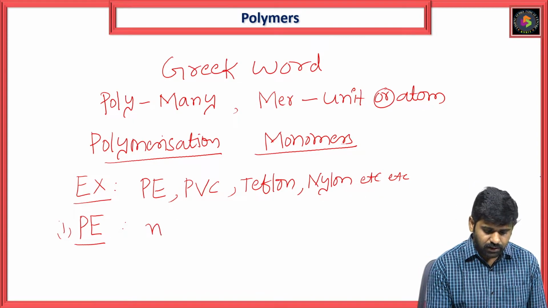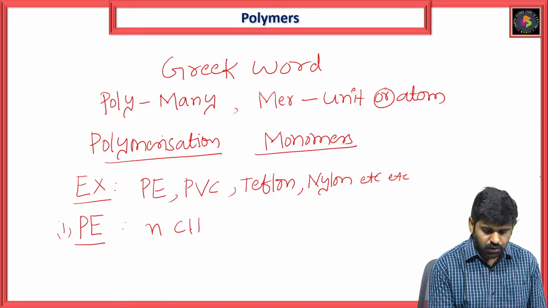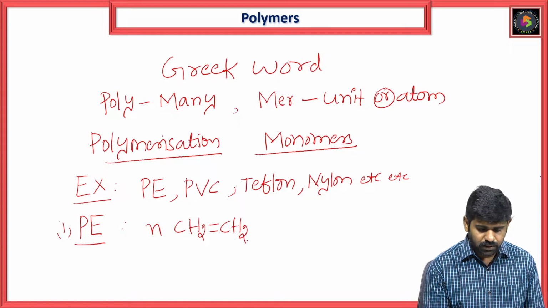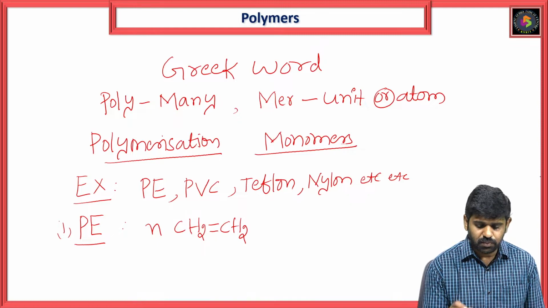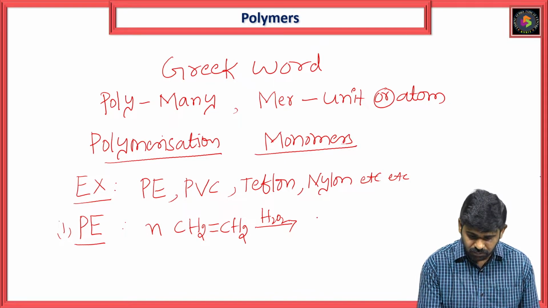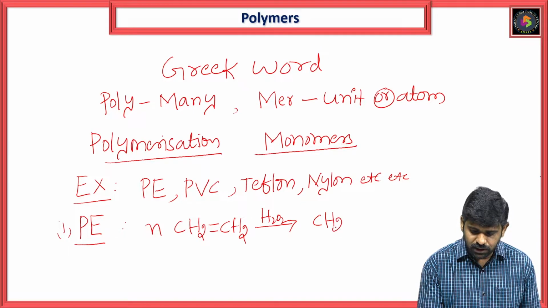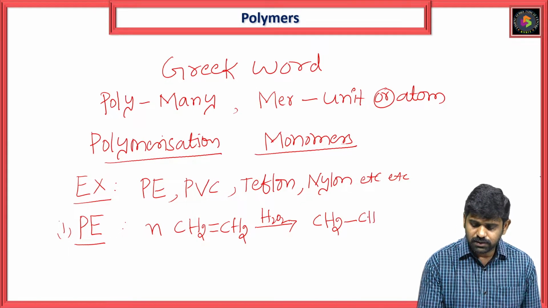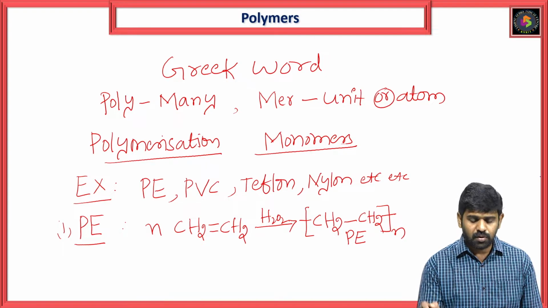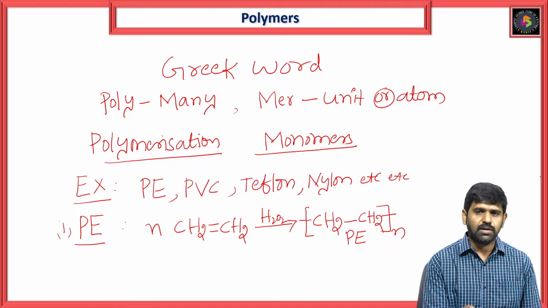N moles of CH2=CH2, this is ethene, in presence of peroxide gives, instead of double bond, CH2-CH2 single bond, which is polythene, PE. So polythene is formed by the polymerization of ethylene.